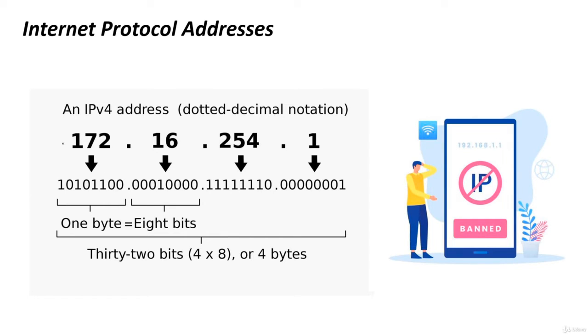This is the decimal representation of the number 172, and this is the binary representation of this particular number. And this is for 16, 254 and 1. So this is how an IP version 4, or IPv4, address looks like. As you can see here, we have 4 chunks of octets, which means simply 32 bits.